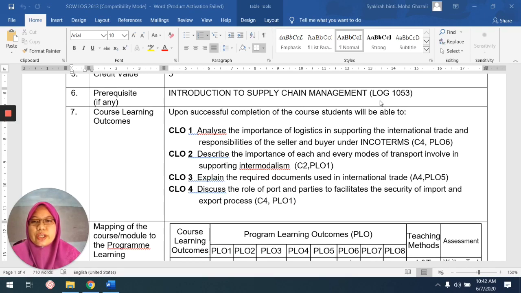We have 4 course learning outcomes for this course. By the end of the semester, you will be able to meet all of these 4 CLOs. I will explain more on the CLOs maybe later in the next session.